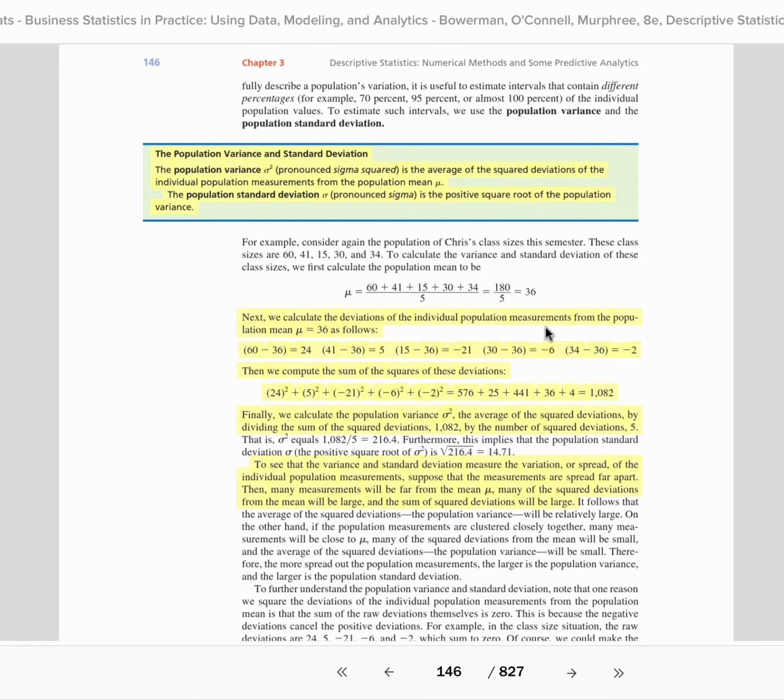Then you have to sum up these deviations and divide by the number of items in your data. And since this data represents the population, Chris has only 5 classes, this is the total number of the population.